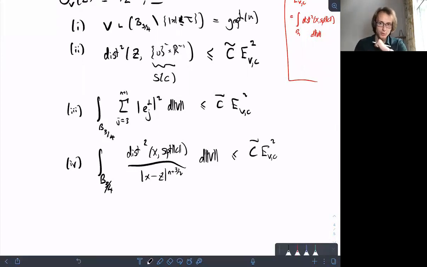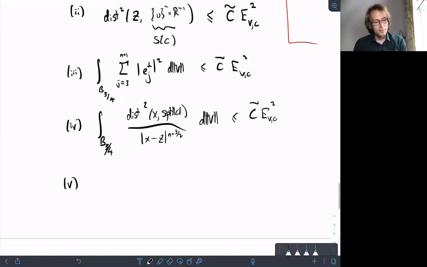So if we know density Q points accumulate on the spine, then this will tell us that the one-sided excess cannot concentrate on the spine. And this is what actually gives us strong L2 convergence on the whole cone, not just locally away from the spine. We get strong L2 convergence everywhere, which is what we need to pass the limit in these integral expressions to prove things about the coarse blow-ups.